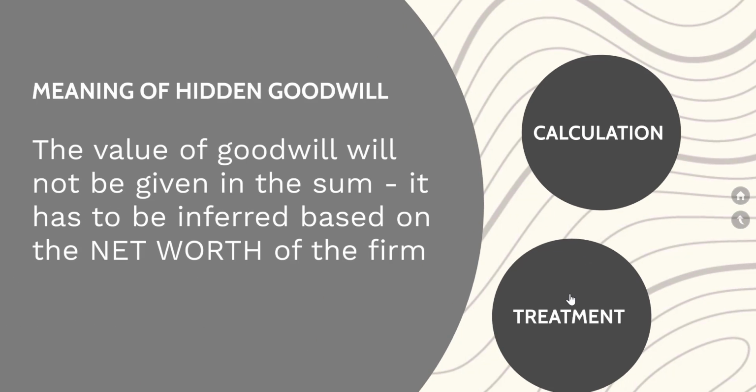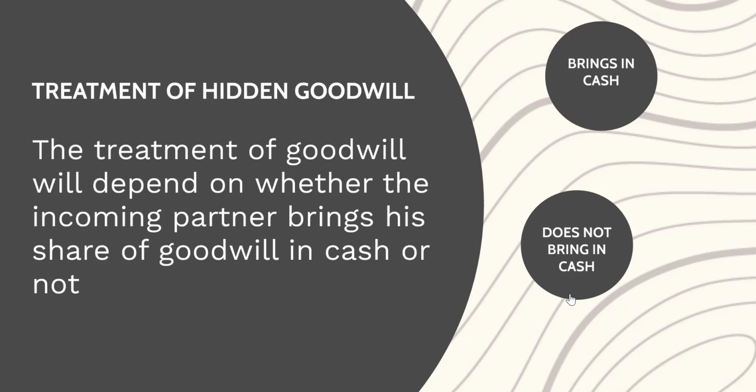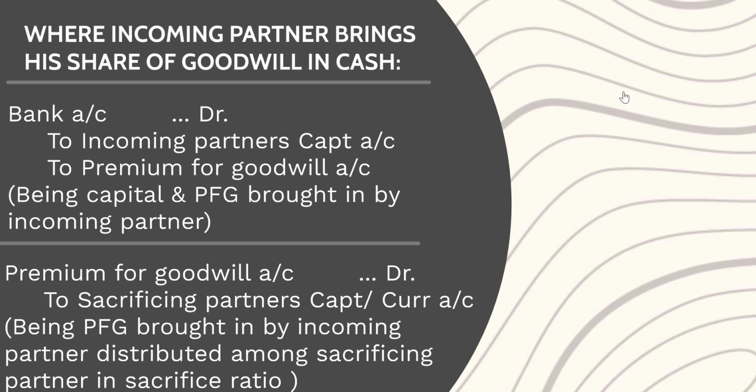The treatment of this incoming partner's share of goodwill will depend on whether he brings it in cash or not. Where the incoming partner brings in his share of goodwill in cash, the first journal entry is bank account debit to incoming partner's capital account and premium for goodwill account, for capital and premium for goodwill brought in by the incoming partner in cash.